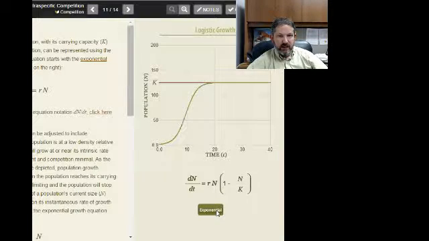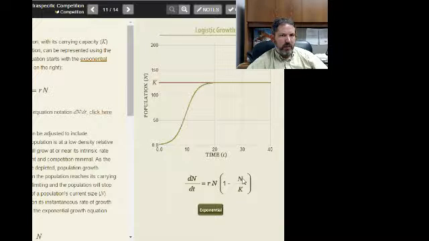Now we add this. This puts a limit. Let's look at what that limit is. As you approach carrying capacity, things are going to slow down. Why? Why do we have the 1 minus something in there? Let's look at this. If n is very small and k is very large, then it's going to be close to 0.